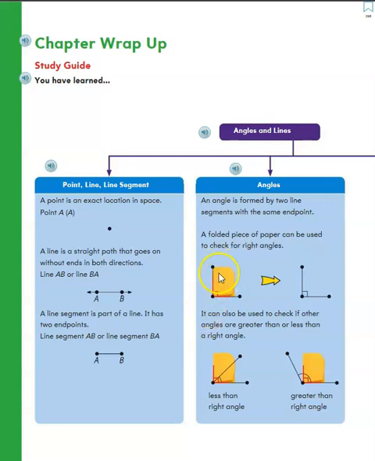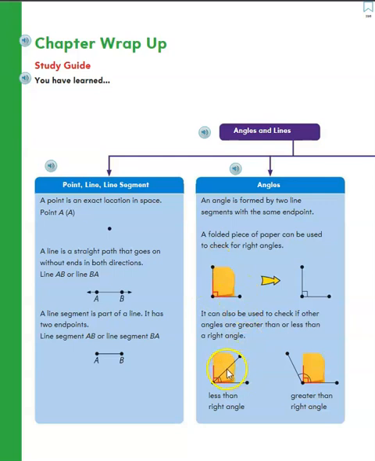So let's look back up here for a second. Notice the folded piece of paper here. When the corner of the paper is put right where those 2 line segments meet, right there at that angle, we can see that that piece of paper lines up perfectly. There's no paper on this side of the line segment, and there's no paper on this side of the line segment. So this is definitely a right angle.